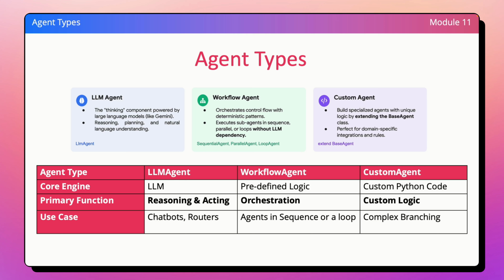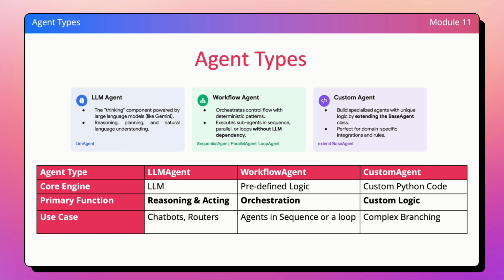The next type is workflow agent, which we briefly discussed, and it is meant for creating predefined logic. It's also the orchestration engine because the outcome is highly deterministic. The use case of workflow agents is executing them in a sequence or in a loop.